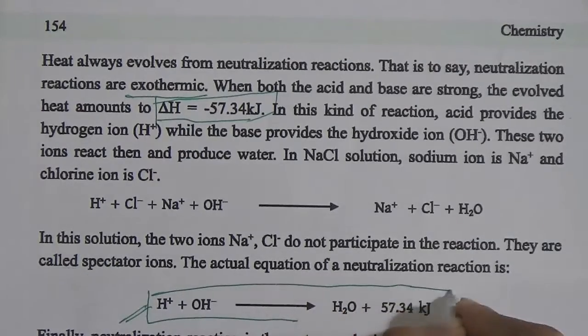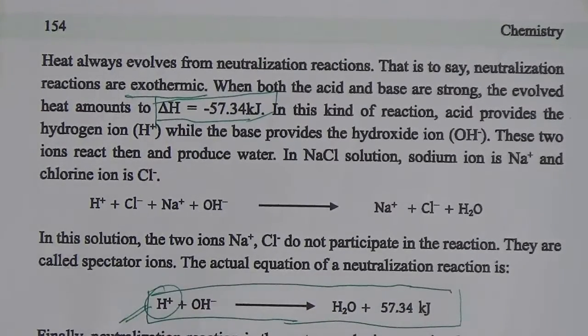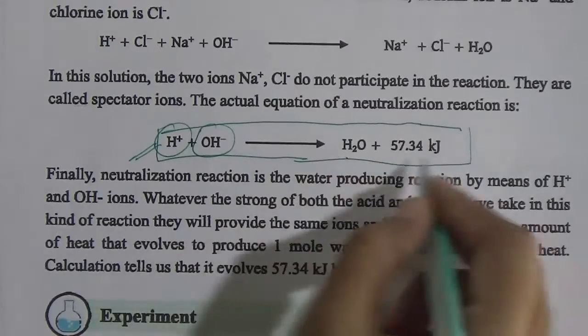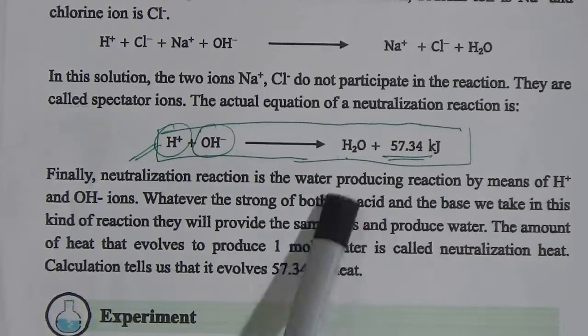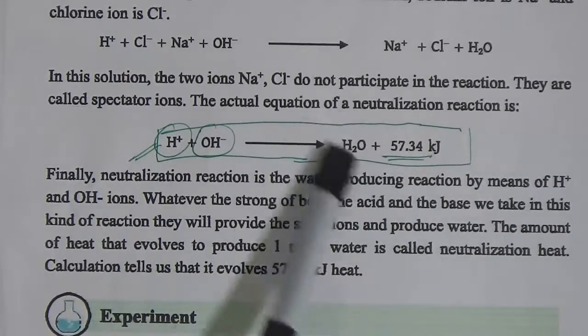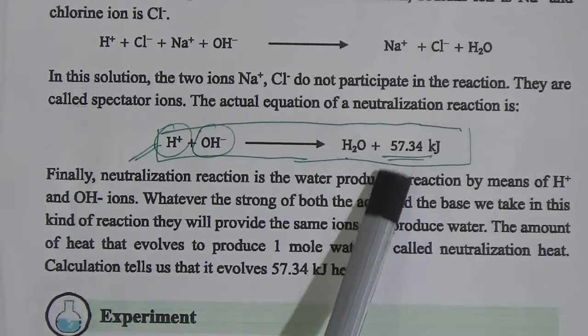From the acid the hydrogen ion came, and from the base the hydroxide ion came, and it produced water. With the water, 57.34 kilojoule energy is produced.